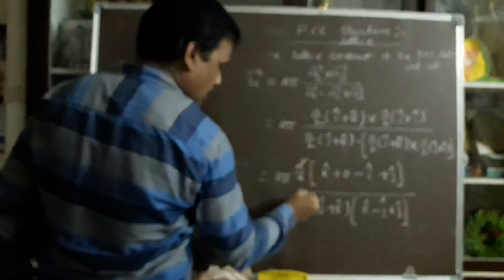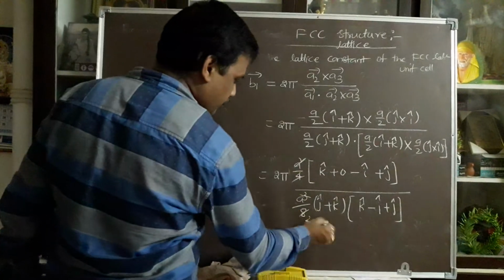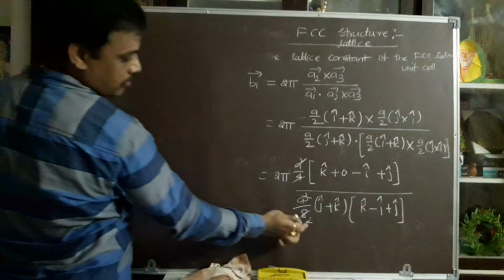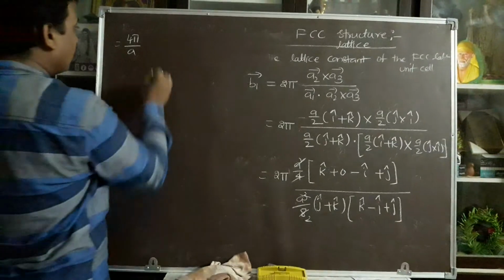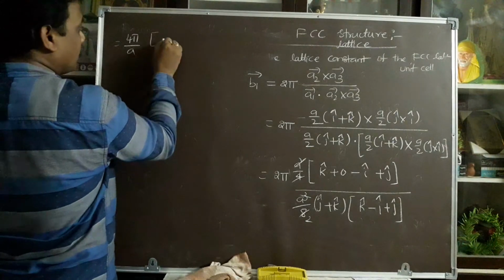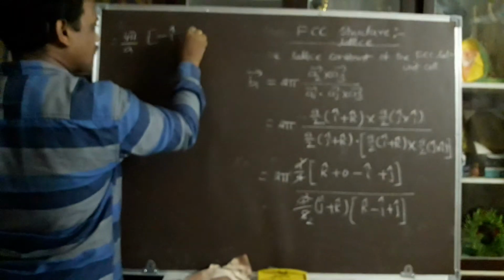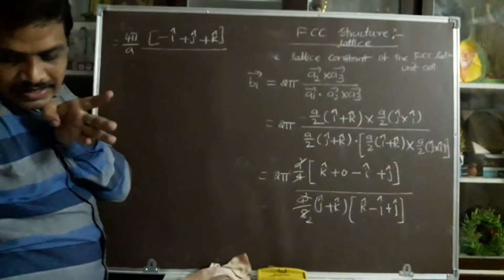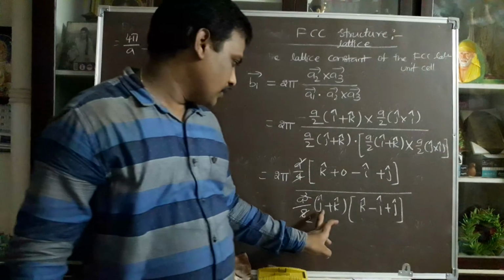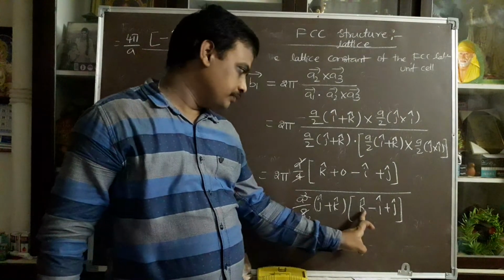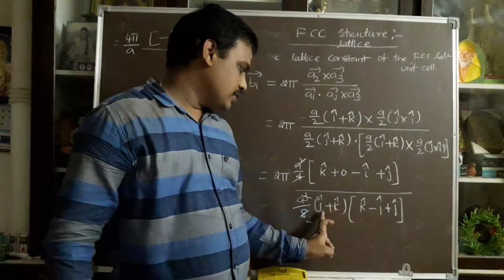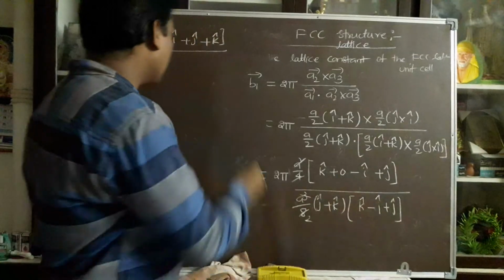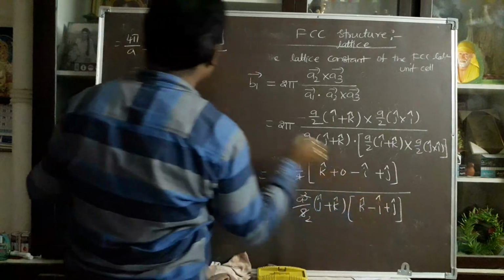So a square by a cancels, 4 in terms of 2, this 2 goes to the numerator, and you get 4 pi by a into minus i cap plus j cap plus k cap, divided by the dot product. j bar dot k bar is 0, j bar dot i bar is 0, j bar dot j bar is 1, so 1. k bar dot k bar is 1, plus 1, remaining zeros.